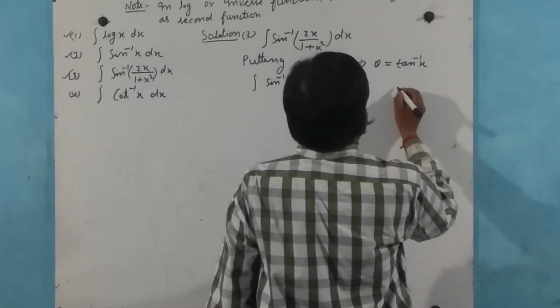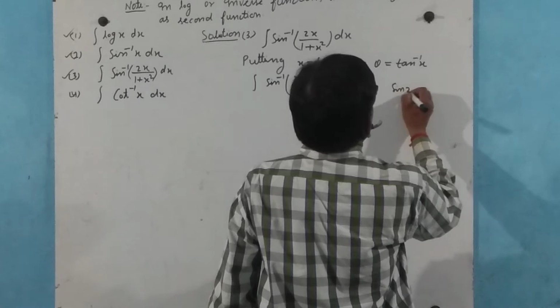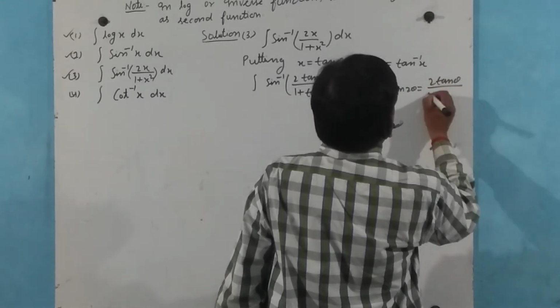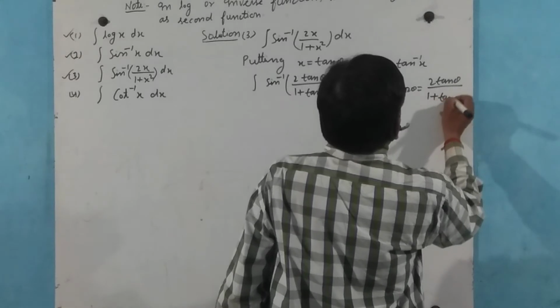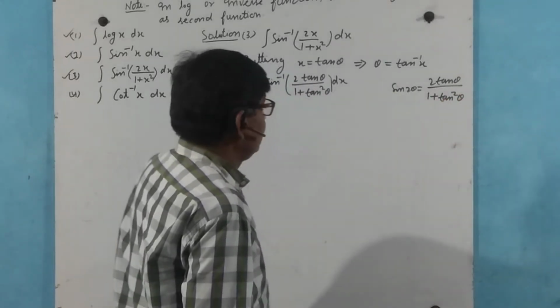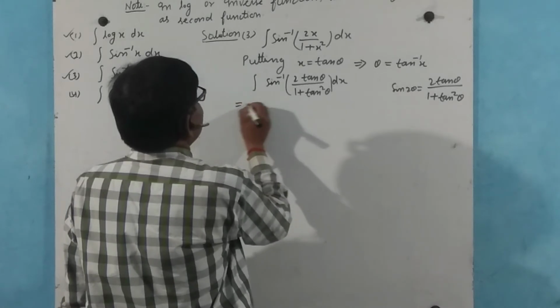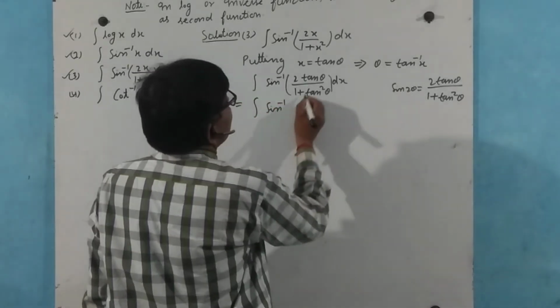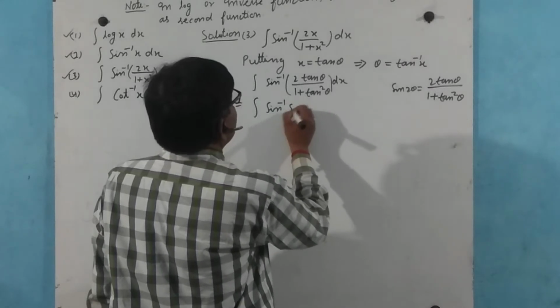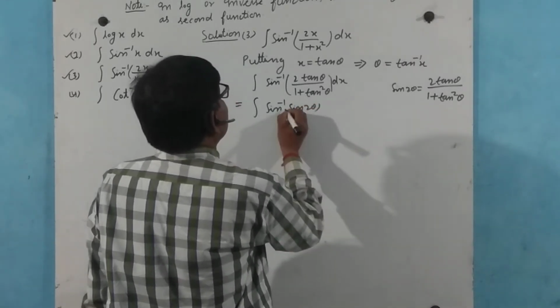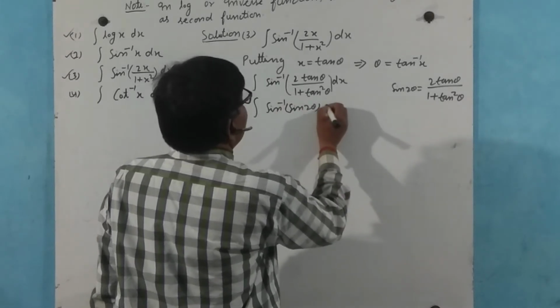As you know, sin 2θ equals 2 tan θ divided by 1 plus tan²θ. This is a formula, so this can be written as the integration of sin inverse of sin 2θ dx.